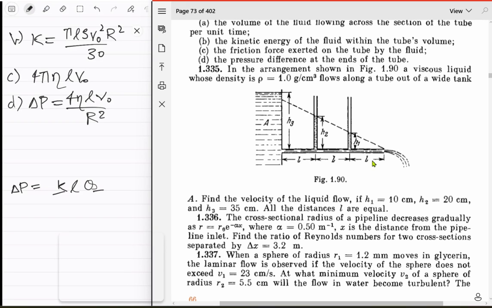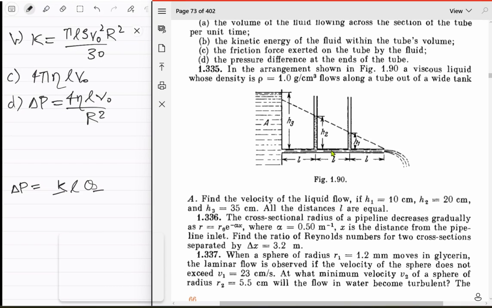Okay, so what do you have to figure out? Find the velocity of the liquid flow. If h1 is equal to this, whatever. All the distances L are equal. They didn't actually give us what this area is, huh? Density is rho. Find the velocity of the liquid flow. Wait, how do I do that?